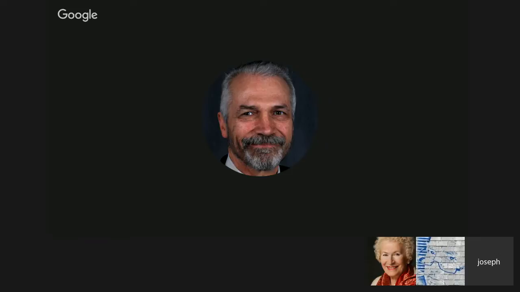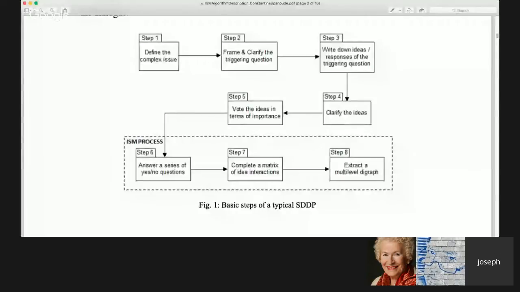In the SDDP process, steps 1 through 5 are part of the structured dialogue design process, and the ISM process is listed here, steps 6 through 8.